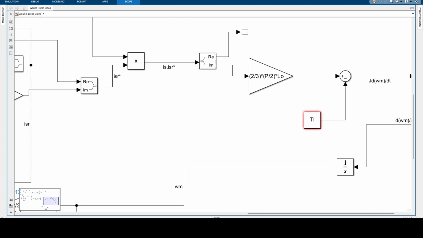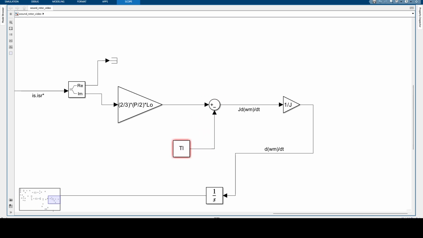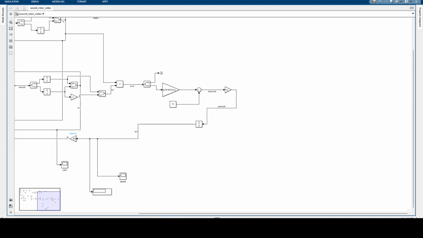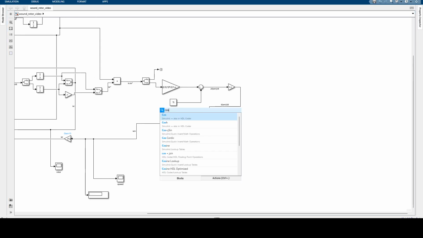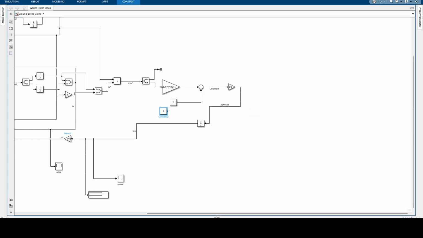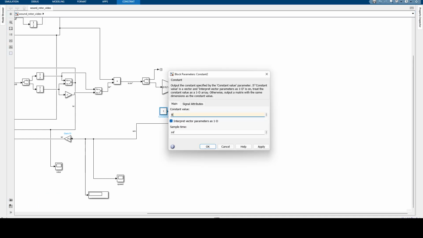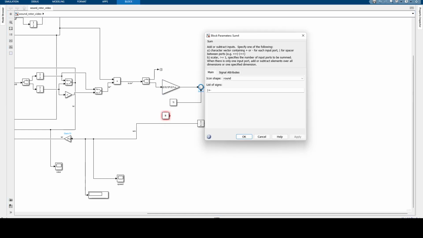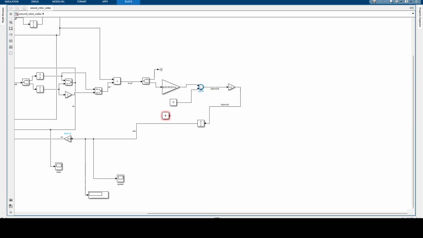Now, here in our mechanical, when we were talking about the equations, we are only subtracting the load torque, but we could also subtract the losses due to friction. So if we have here our friction constant B, we're going to make this -1.